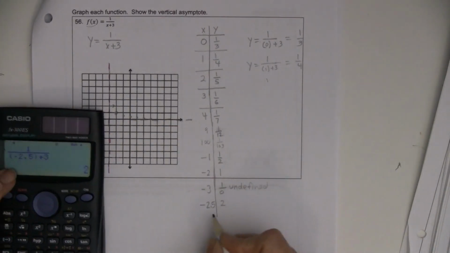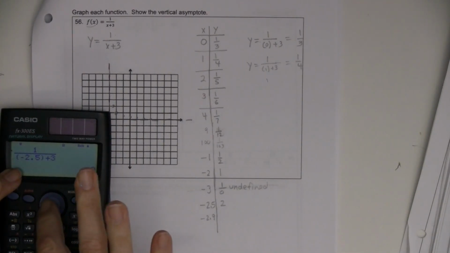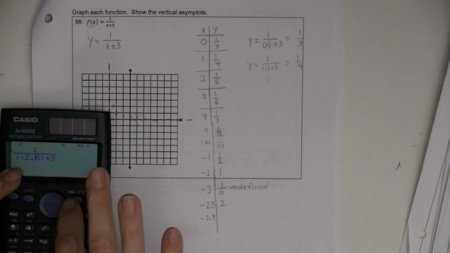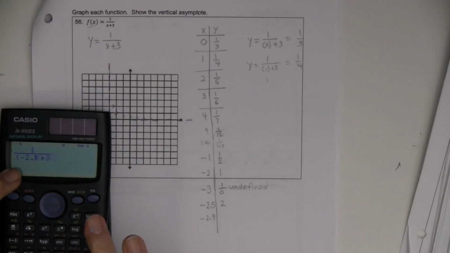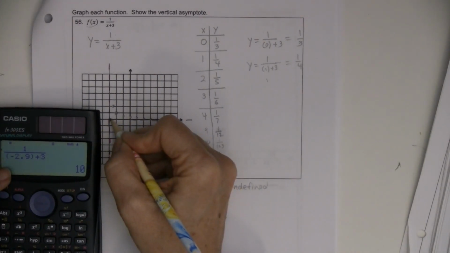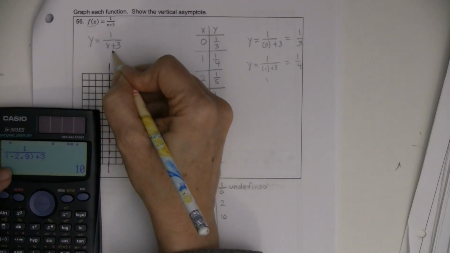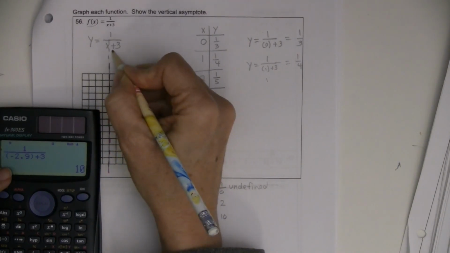I'm going to plot it. And then what if I got closer, like -2.9? So I fill in here, and I get 10. So -2.9, that's 7, 8, 9, 10, right?